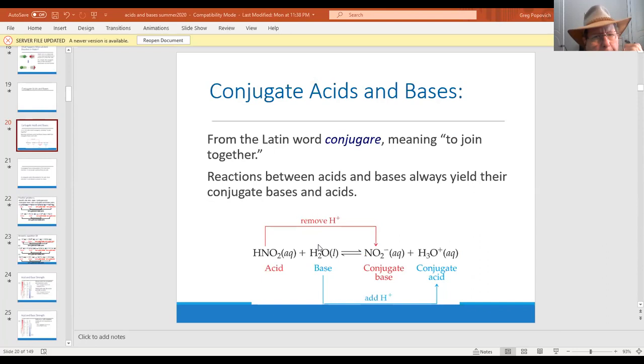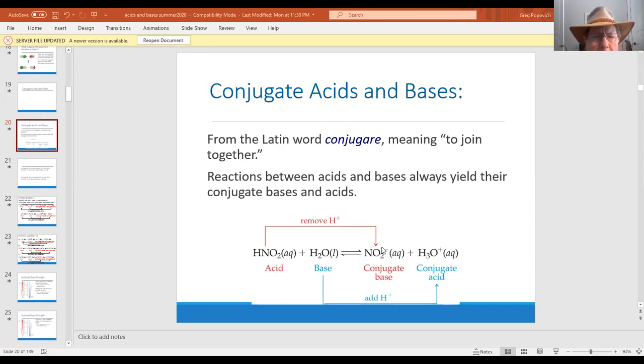Base is the acceptor of the proton. So I have two new entities, NO2 minus and H3O plus. Now the NO2 minus is missing a hydrogen. So it can accept that hydrogen back to regenerate nitrous acid.